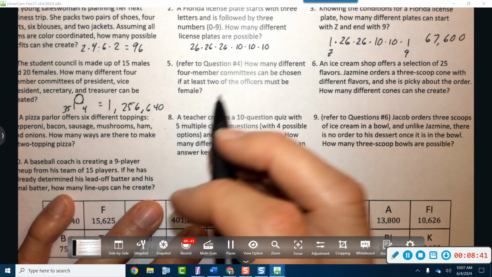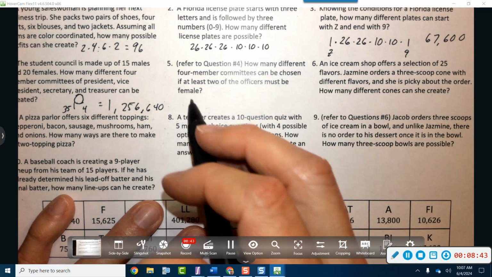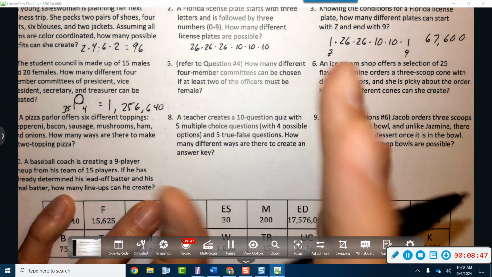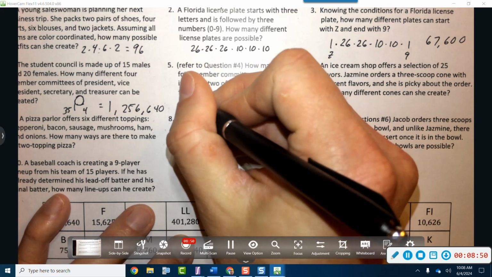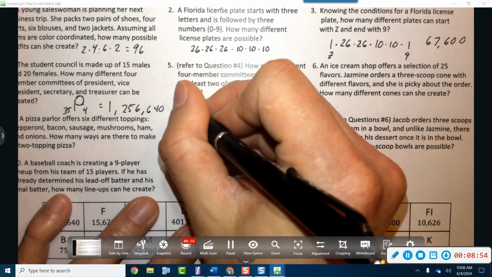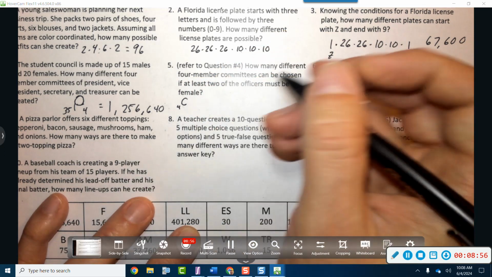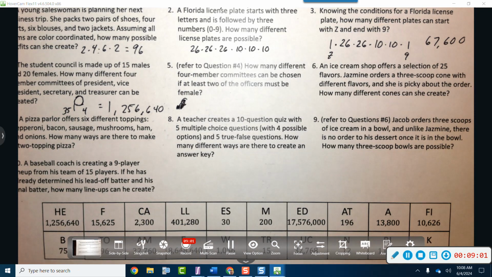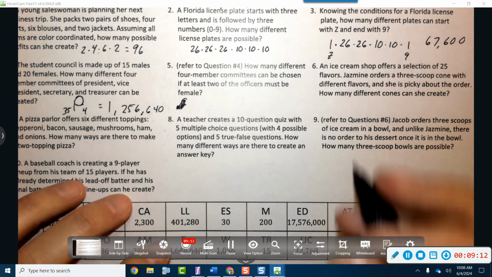But if you had to have at least 2 females, what you have to do is think of all the possibilities. If you had all 4 be female, you've got how many? 20.